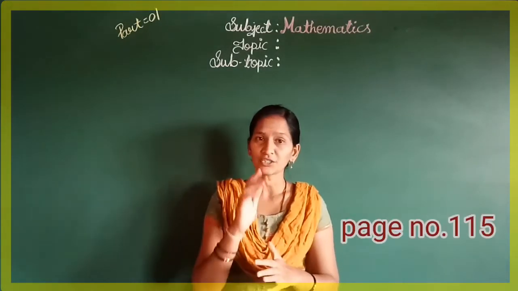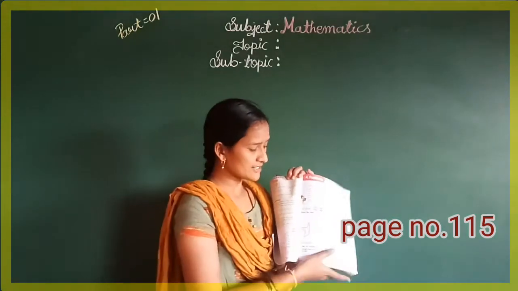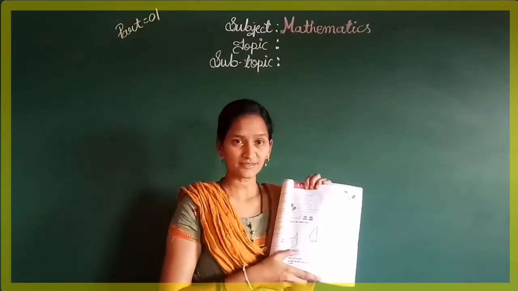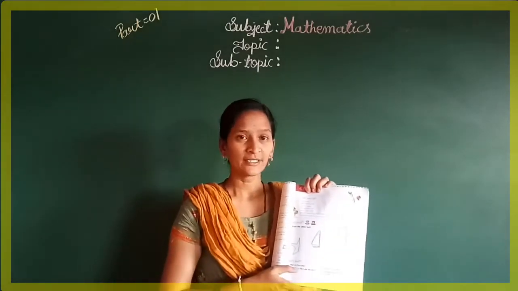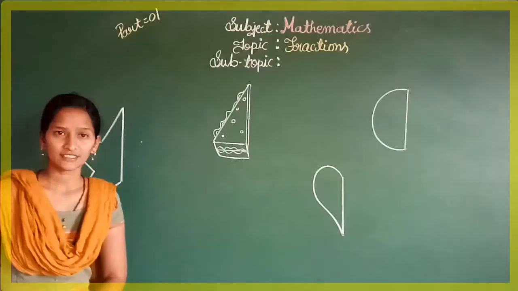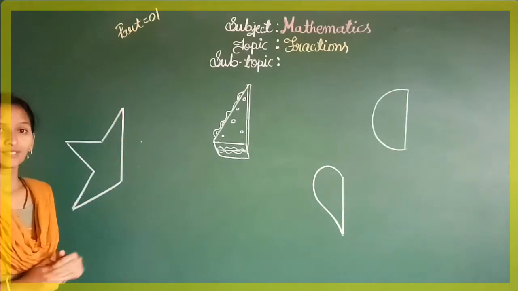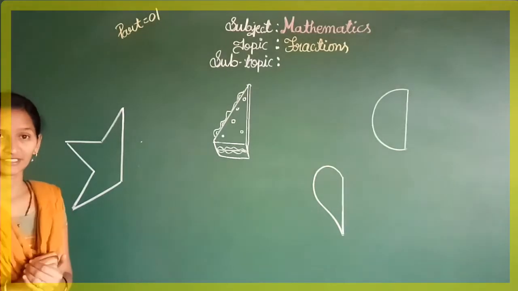Okay, so once again, all of you observe page number 115. They gave some pictures, but they are incomplete, right? So now you have to complete them using your pencil. Are you ready to do? Children, look here. Here are some pictures, but they are incomplete. So you have to complete them.